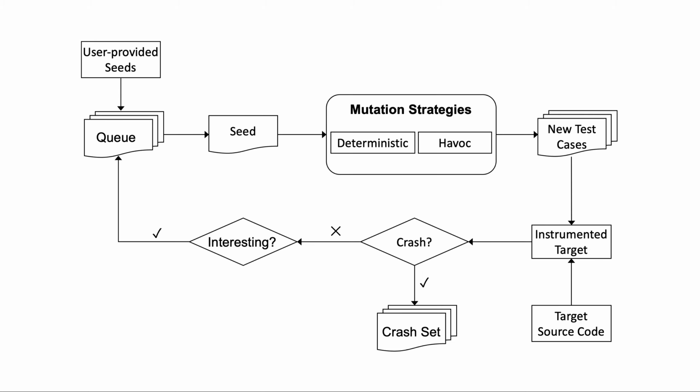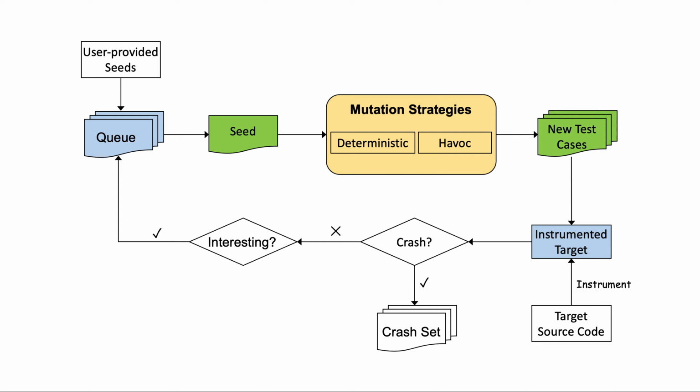Then let us see the general workflow of AFL. The fuzzer takes the user-provided seeds and the target program source code as inputs, and initializes the seed queue with the user-provided seeds. During one fuzzing iteration, the fuzzer first selects a seed from the queue. Next, the fuzzer mutates the selected seed with mutation strategies in order to generate new test cases.